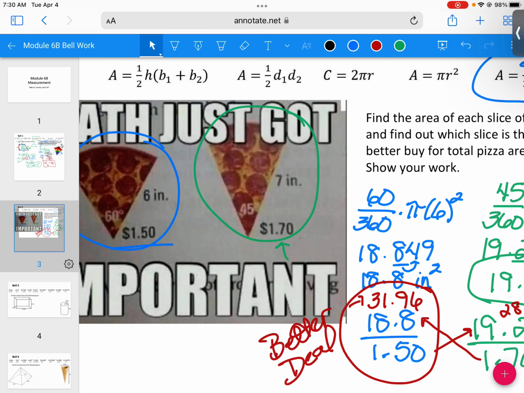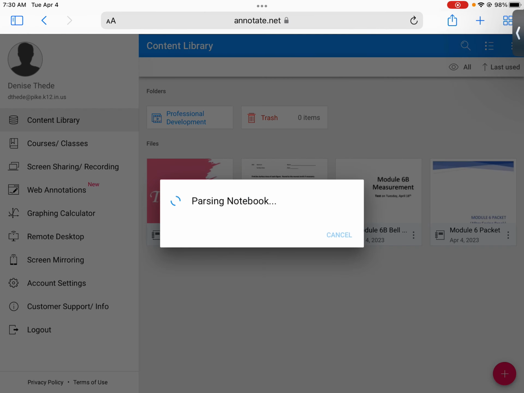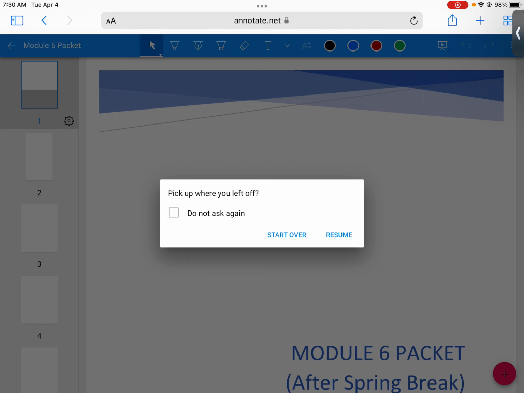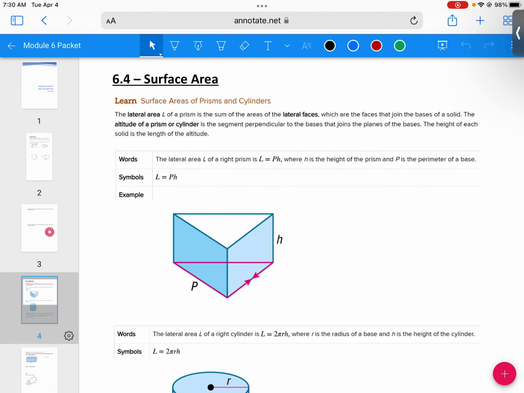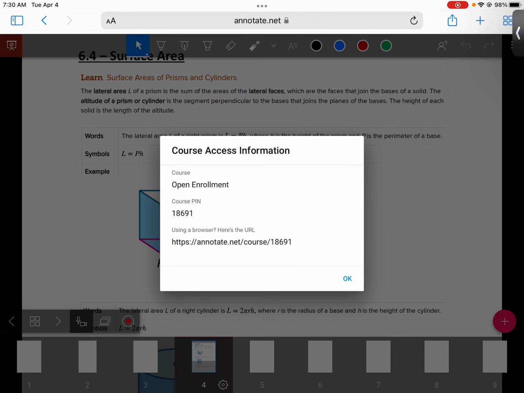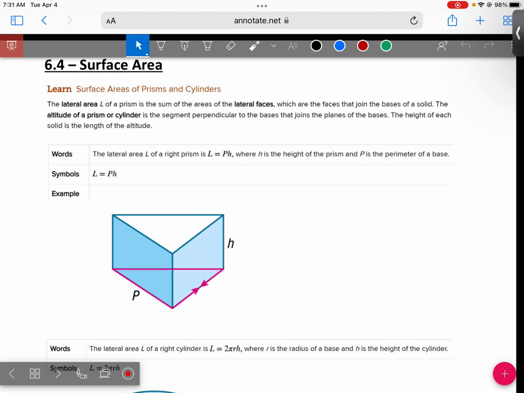All right, so we're talking about surface areas. All right, so surface area of a prism.